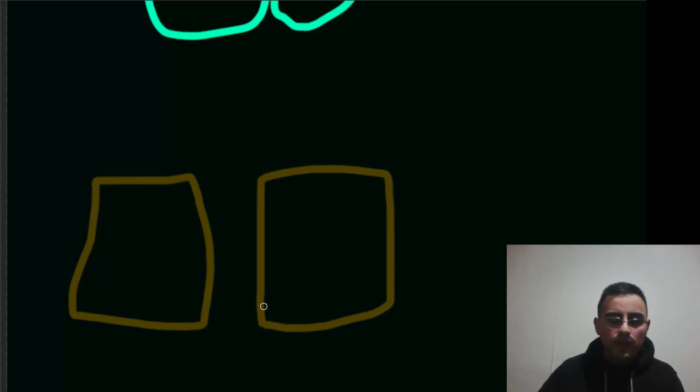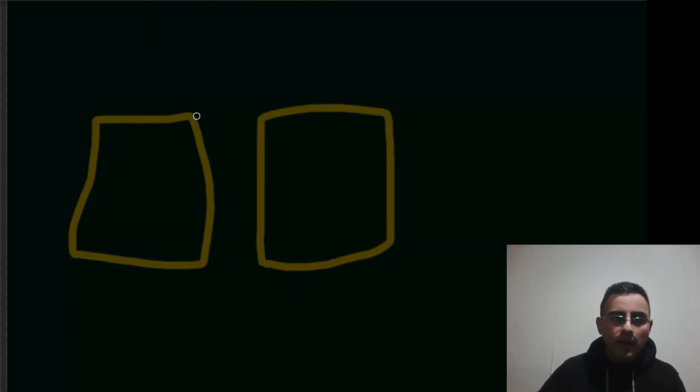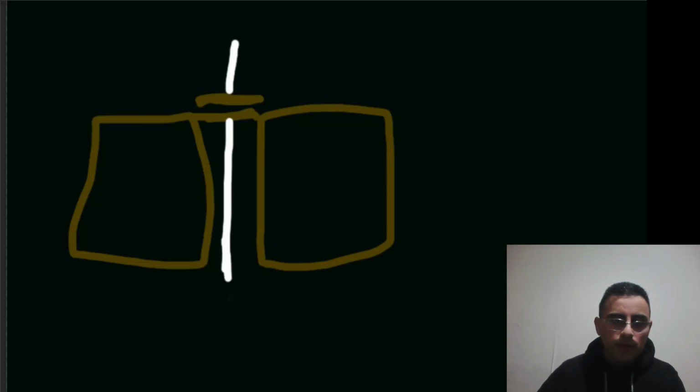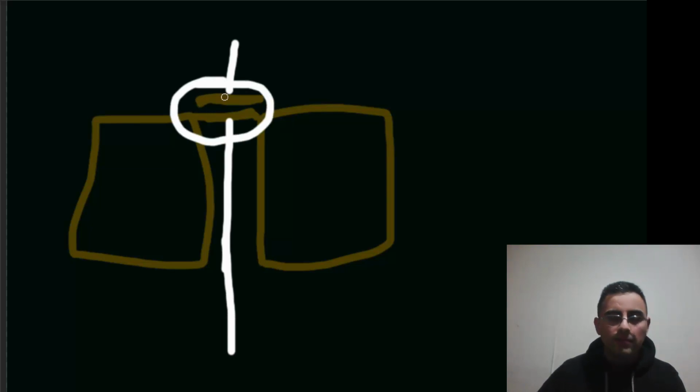Again, if there is one cell, here's another cell, and the cell junction creates a barrier here and here. This is the pathway, I will draw it in white, for paracellular transport, and the cell junction creates a barrier for this transport.